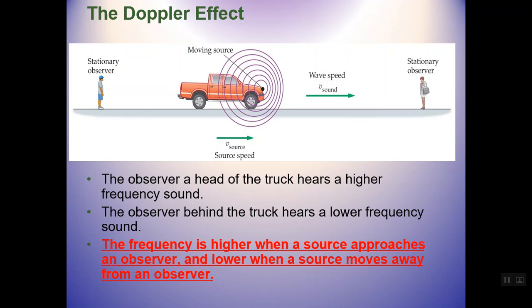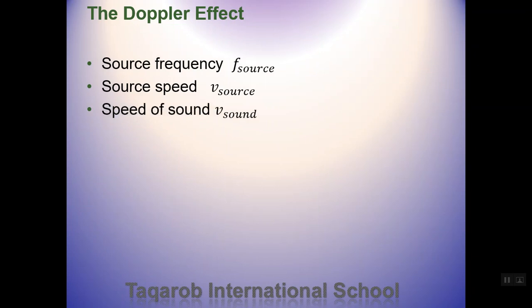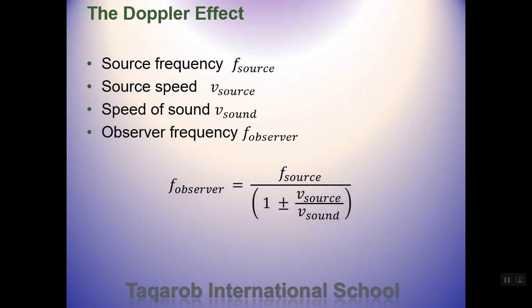Now, suppose a source emits sound with a frequency f source and moves with a speed v source, and the speed of sound, which is constant, is v, equal to 343 meters per second. We can calculate the frequency heard by an observer by using this equation: f observer is equal to f source divided by 1 plus or minus v source over v sound.